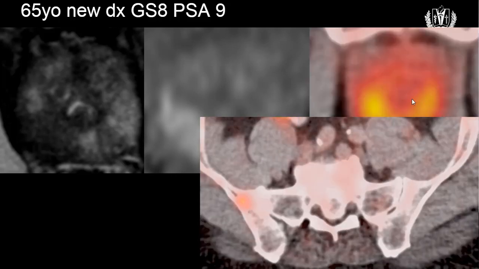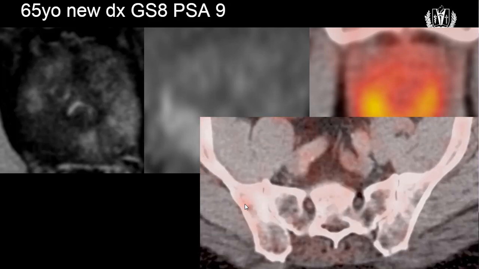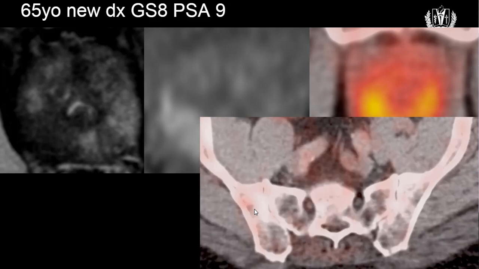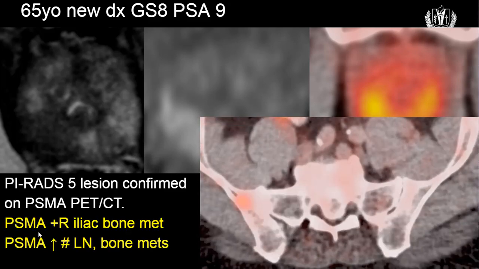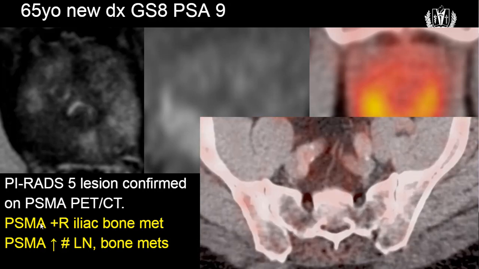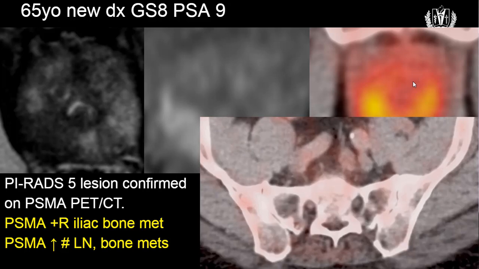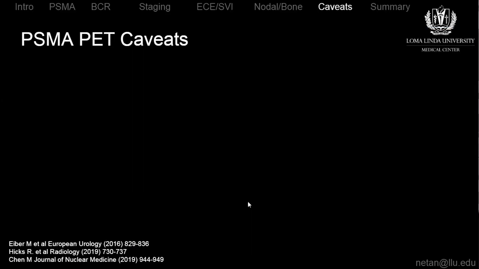However, we also see that there is this avid focus in the right iliac bone, which has made this patient staging M1, and this was not detected by MRI. So with PET-CT, we see more prostate cancer foci. In addition, we're able to detect small bone as well as lymph node metastases.